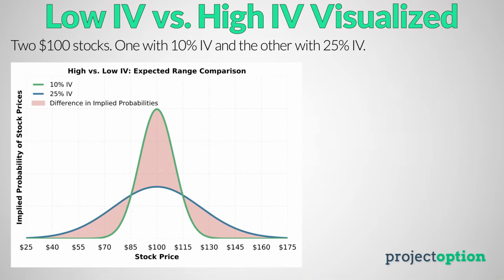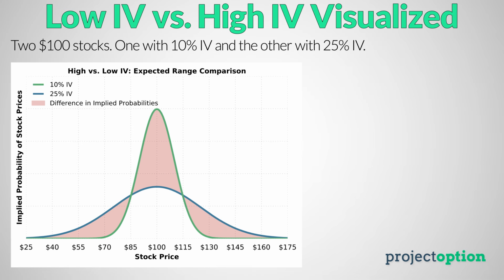To visualize the differences between a high implied volatility and low implied volatility stock, let's go ahead and look at a visualization of 2 $100 stocks that are trading with different levels of implied volatility, so we can visualize the stock price outcomes that are expected from those stocks going into the future.